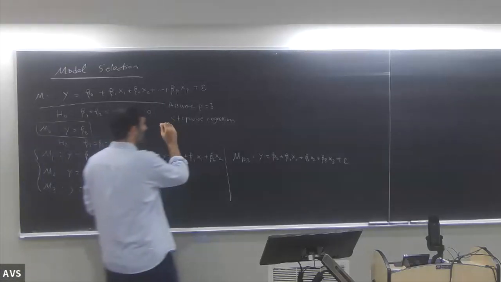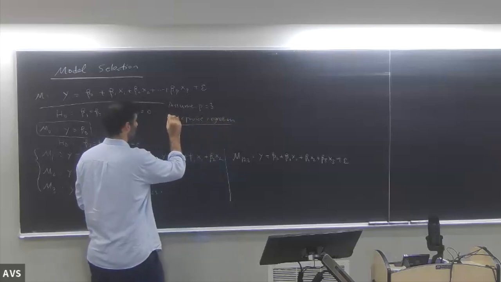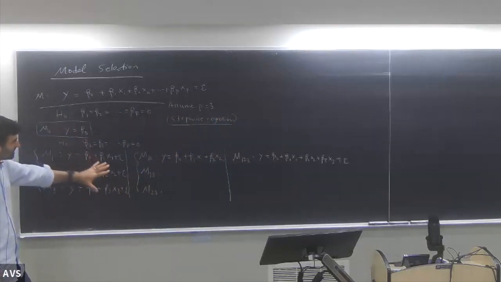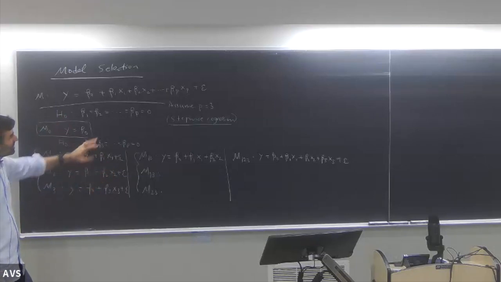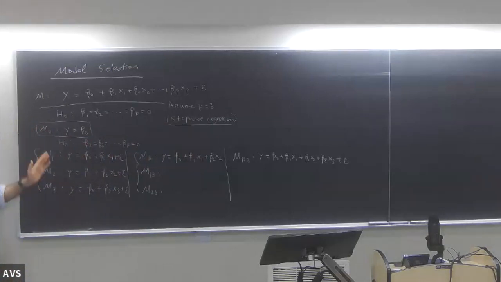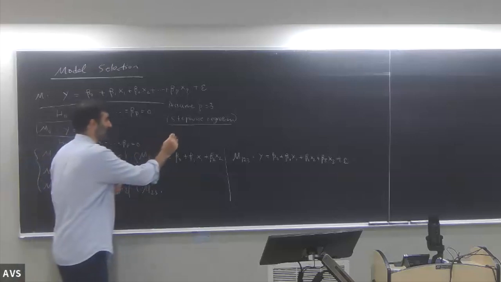So, how many possible models do we have? Let's say I have p variables. If I do this procedure, how many models do you think you will end up with? P factorial maybe?